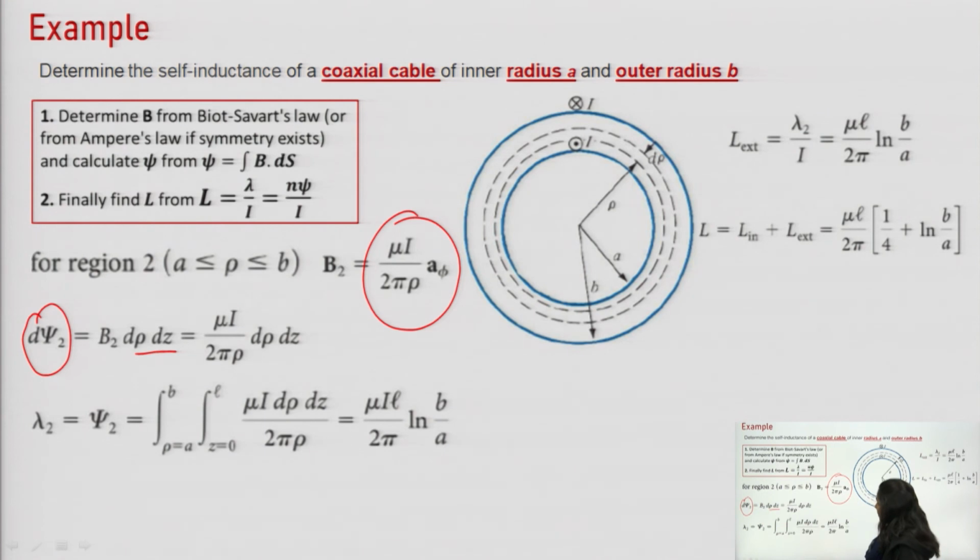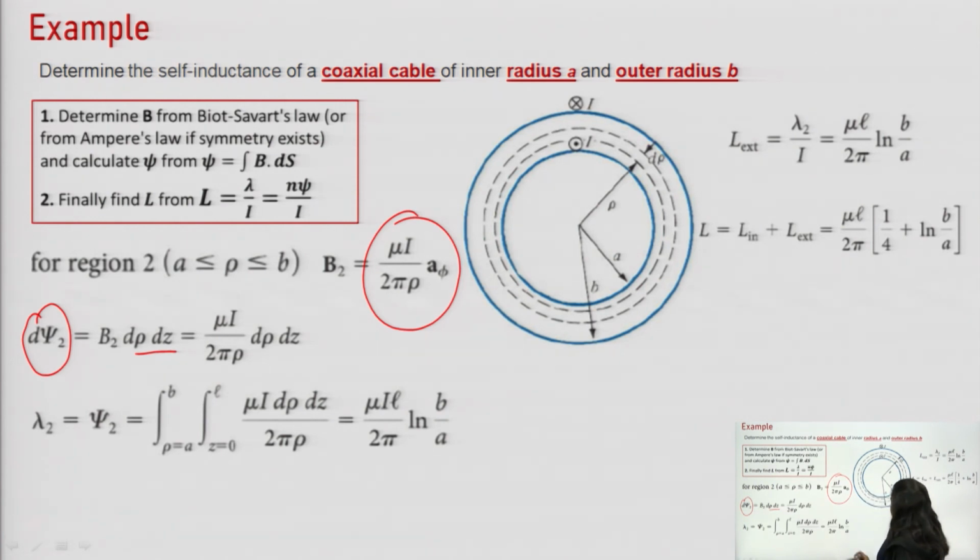In order to find the total, we need to integrate it, and as the differential part is d rho and dz, rho is varying from a to b and z is varying from 0 to L. After simplifying we got the value like this, and the integration of 1 by rho will be ln rho.